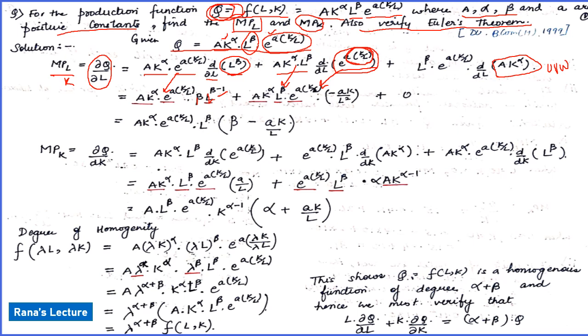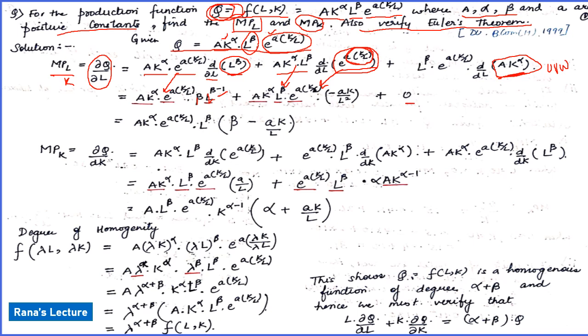And we are differentiating with respect to labor. So you differentiate this, you will be getting minus ak by l square, and this is constant, so this becomes 0. So this is 0, right?